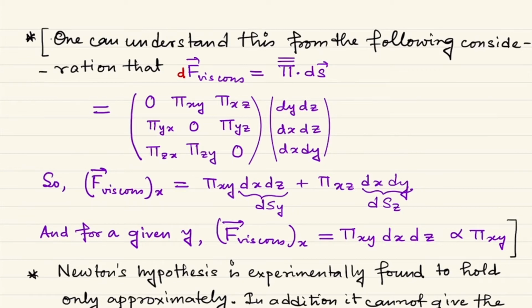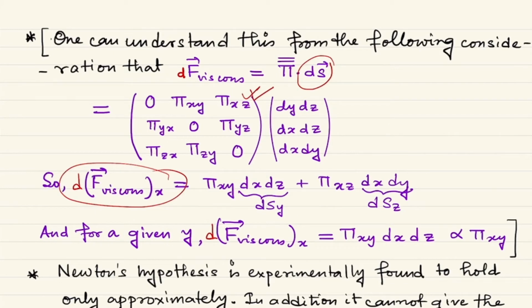And once again there should be some d, yeah. Now if you do the dot product of this tensor, which doesn't have any non-zero diagonal element, when this is contracted with the area elements, you will see that the x component of this viscous force simply gives you two terms.